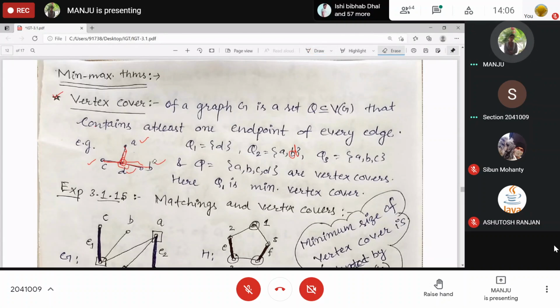And if you take only A, it can just guard A to D. And A and B, these two only, right? Not this one. Then either you can take this one, or this one, or this with this. So the minimum is one, that is D. So this is the minimum vertex cover. Clear?